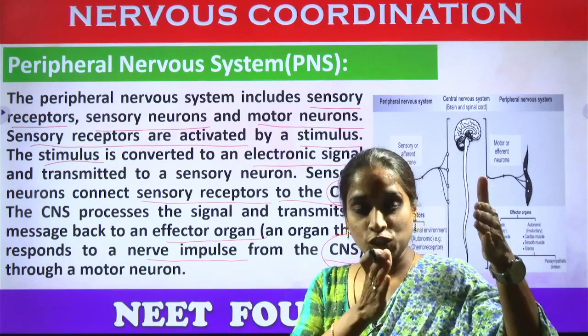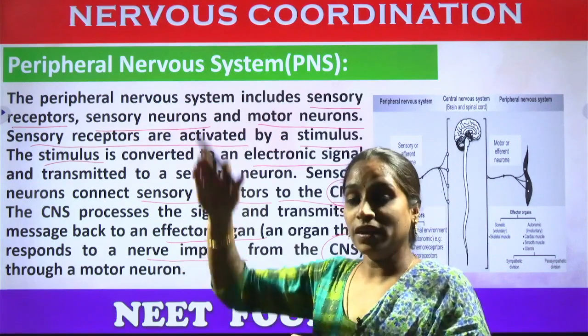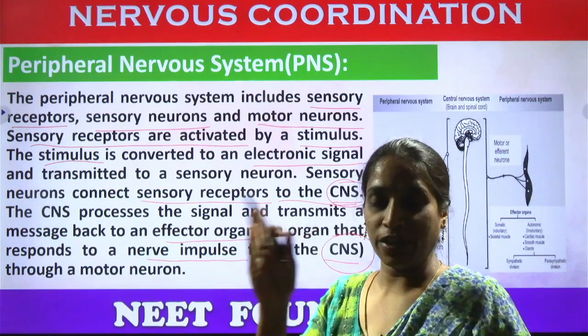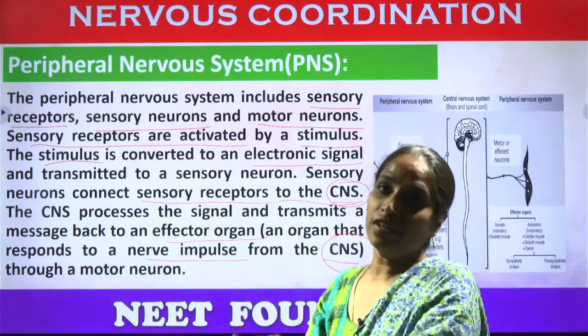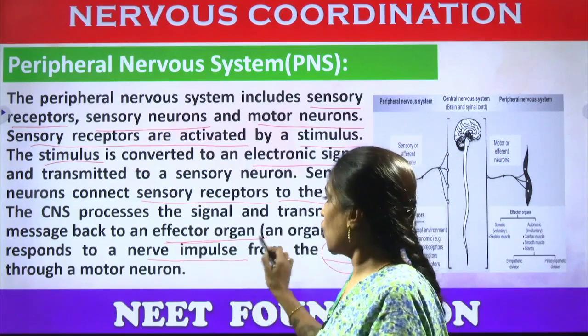The stimulus carried by the receptors and the sensory neurons is carried to the CNS through the spinal cord, and the brain analyzes it and in return sends the message to the effector organs.